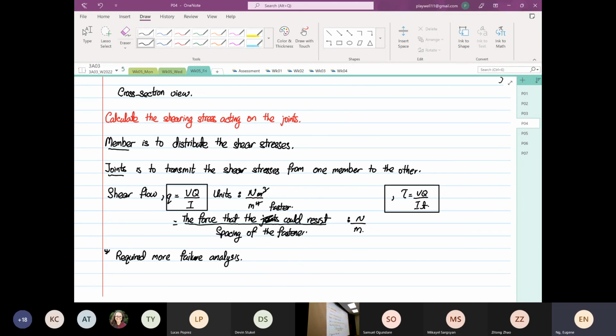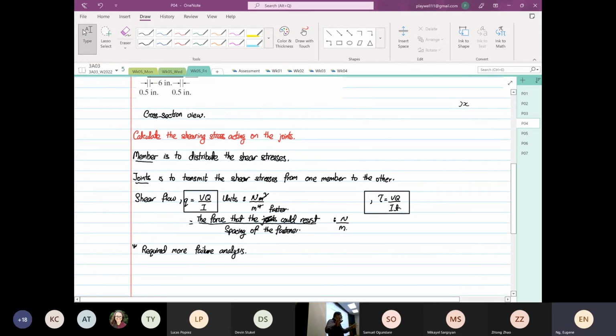It's the thin wall analysis. I can throw box beam, wide flange, thick wall, thin wall, anything at you, you should be able to solve. Now the thing is this: failure analysis. That's all the theory. Next is the failure analysis.